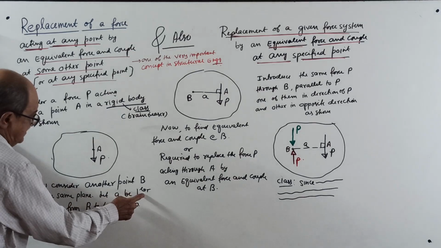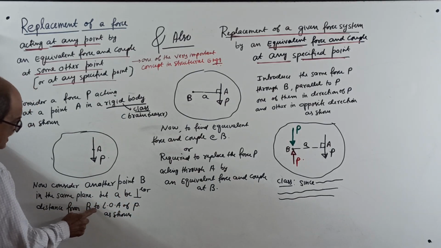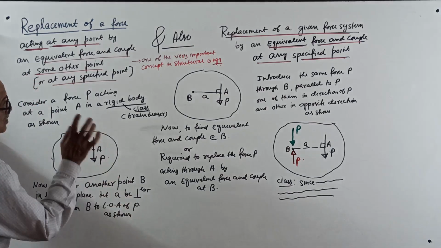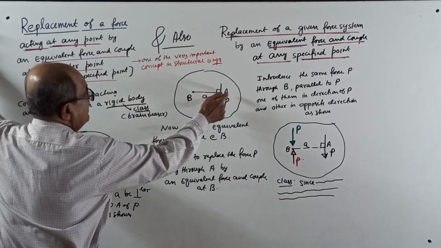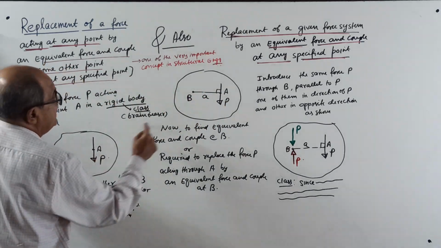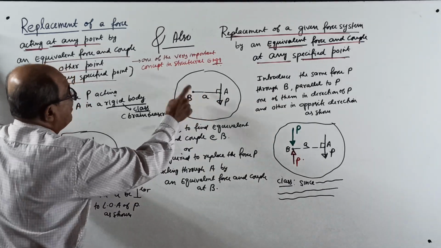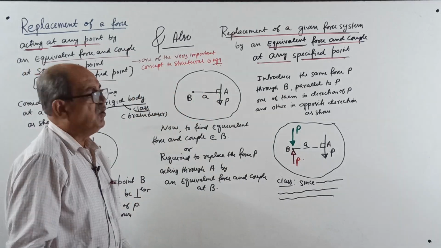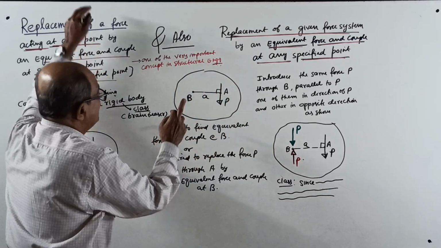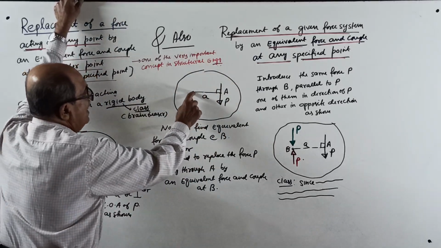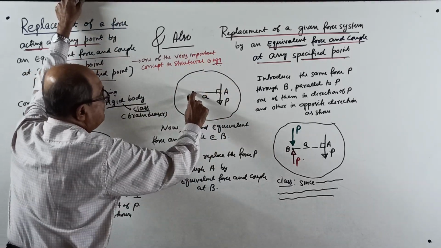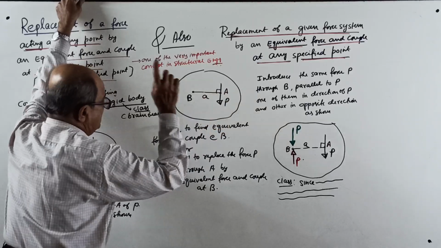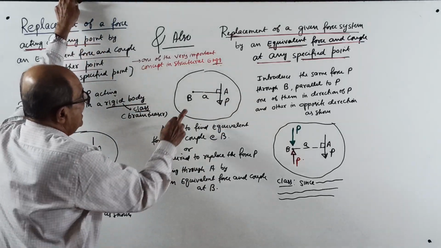Let a be the perpendicular distance from B to the line of action of P as shown. See, this is the already applied force P here. See here, force P is applied at A. Take another point, wherever you want, but in the same plane. Another point, so that from that point, if you draw a perpendicular, the perpendicular distance to the line of action of P is a. Now, see, as shown.